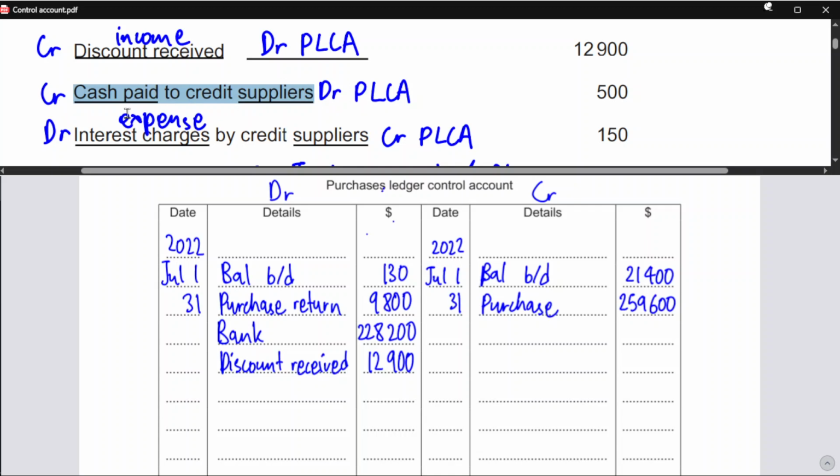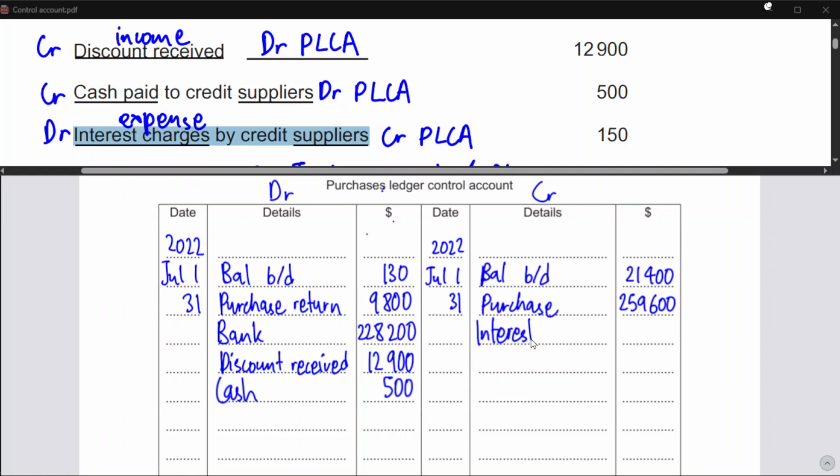PLCA debit cash. PLCA credit interest expense.